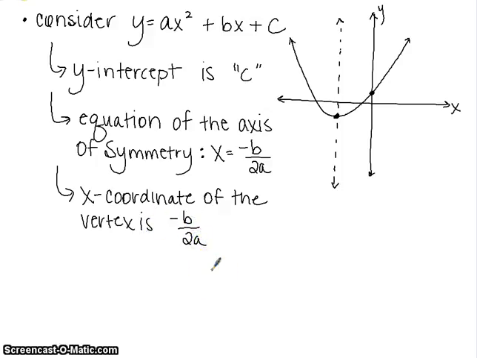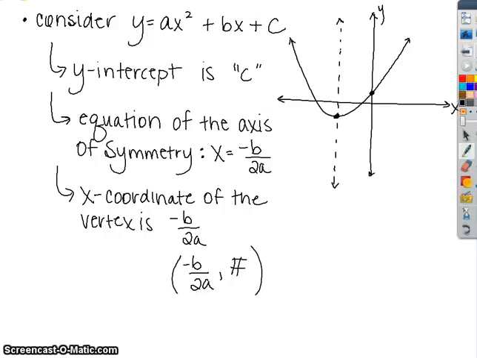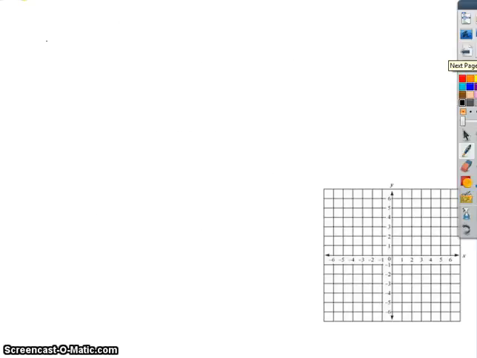All right, so those are some other ways that we can use the b and the a and the c. So that means that your vertex is going to have the form (-b/(2a), some number), which we can actually find by plugging it in and then figuring out the corresponding y. Okay, so let me show you an example of what we're going to see here.